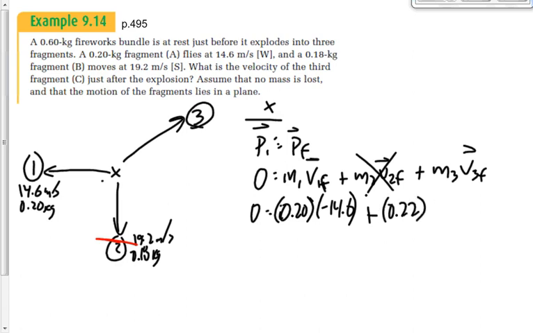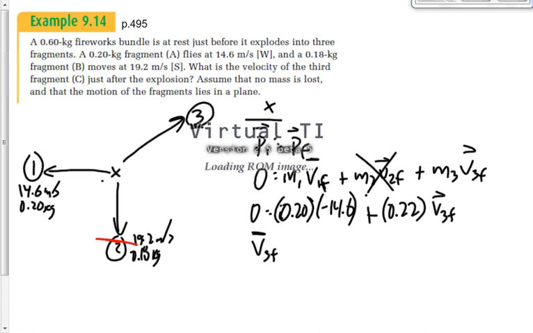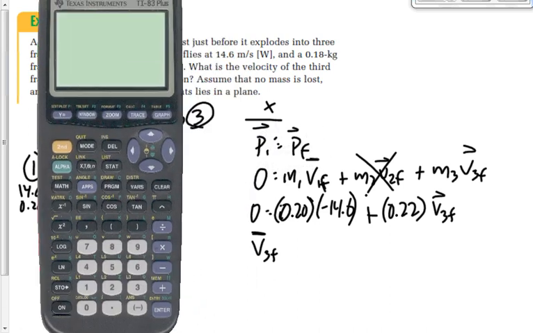Yeah. 0.22 kilograms. And we solve for V3F. Now, let's calculate this on our calculators. If we say 0.2 times 14.6, take it to the left side by adding, because it's a negative on the right side. Divide that by 0.22. We get 13.2727.